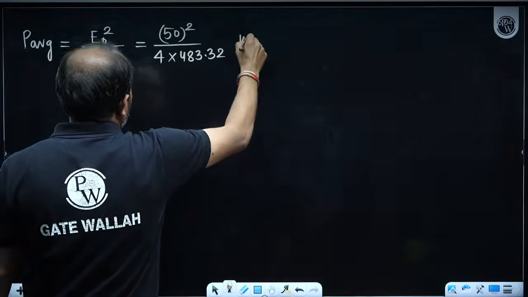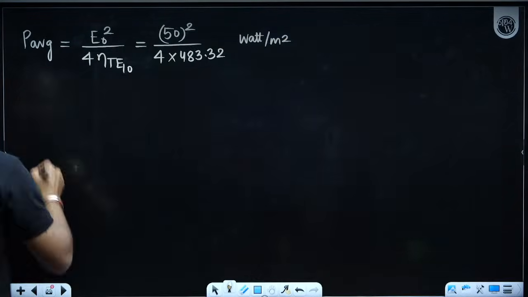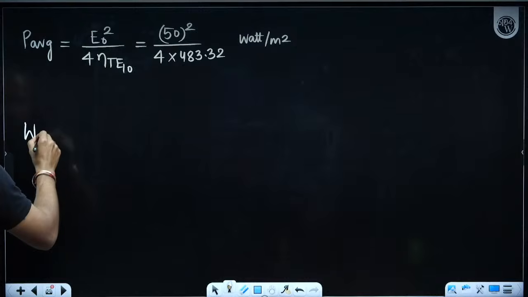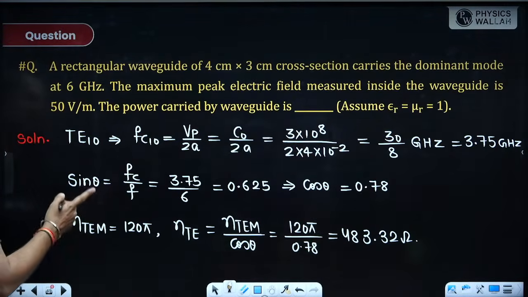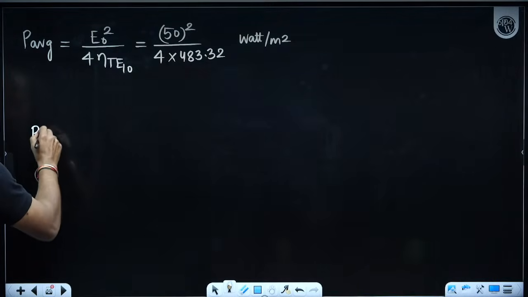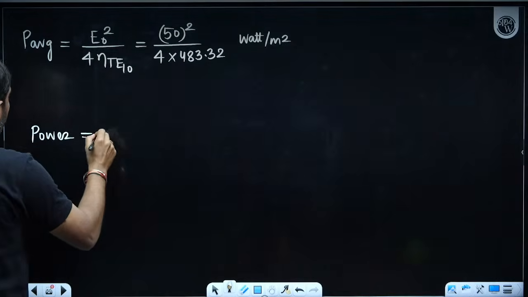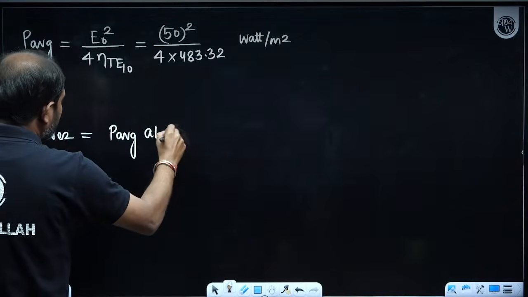So it is in watt per meter square. Then they are asking for power handling. So power will be P average into AB.